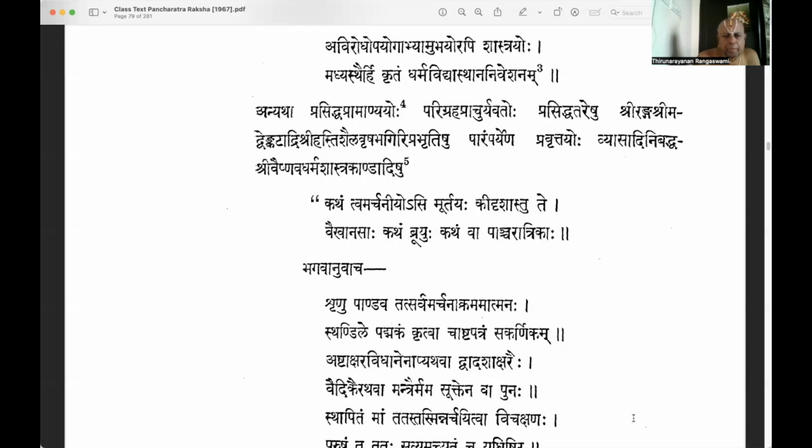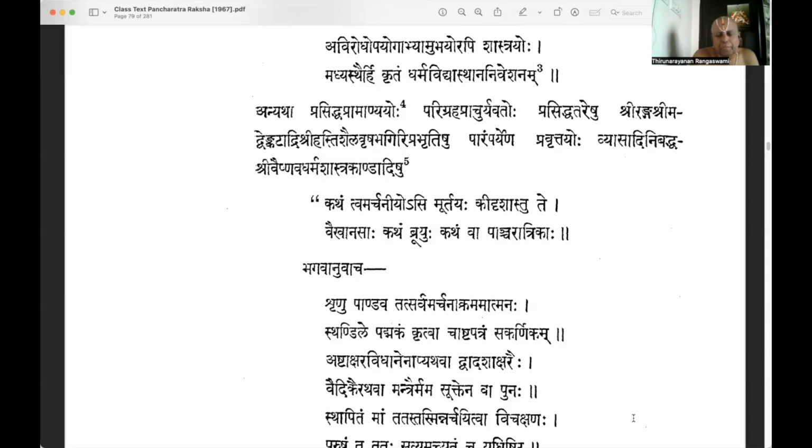So, when there are some authoritative statements in both Pancaratra and Vaikhanasa, when they are popular, when they are known by many people, then parigraha prachuryavatoho. Now we must make a research to find out which pramana has been accepted more. So what is the pramana which enjoys the majority? Parigraha, in acceptance.